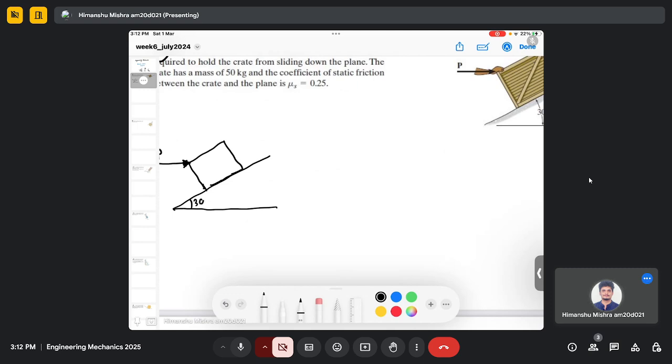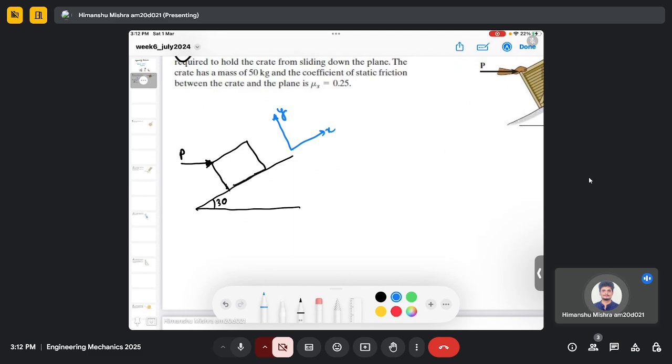This is 30 degrees, and I am assuming an inclined coordinate system such that this is my x and this is my y. We used this kind of coordinate system when we solved problems in trusses, and we saw that when we adopt an inclined coordinate system, the calculation becomes much easier.